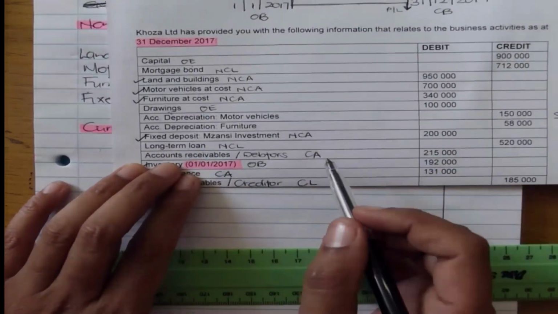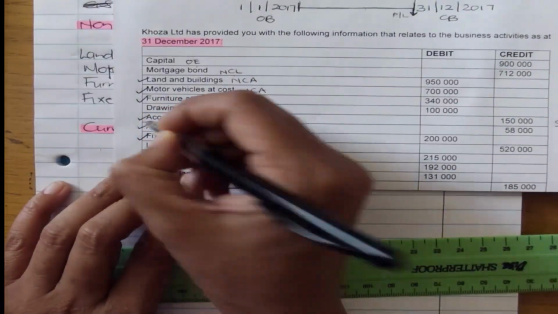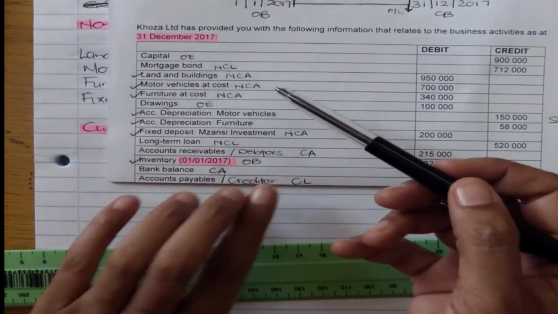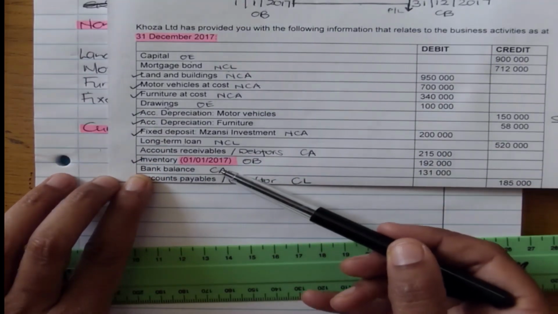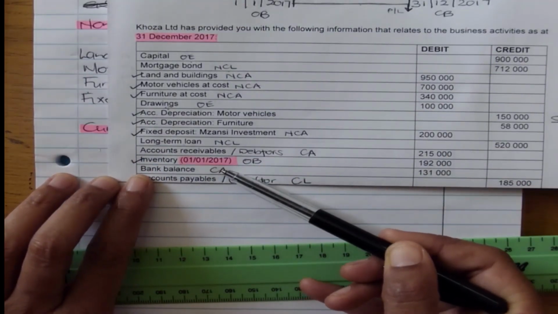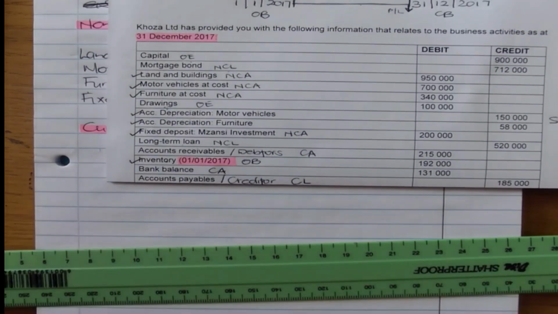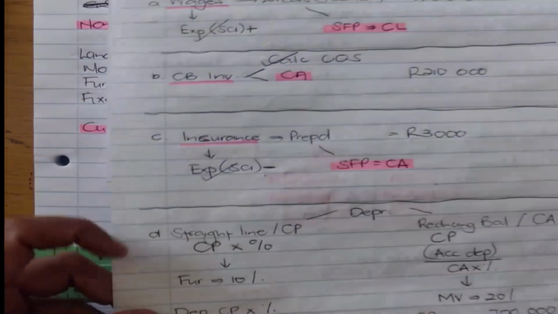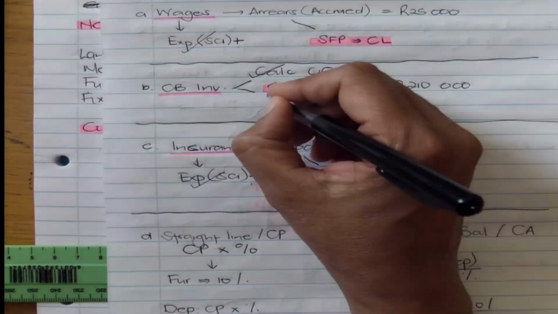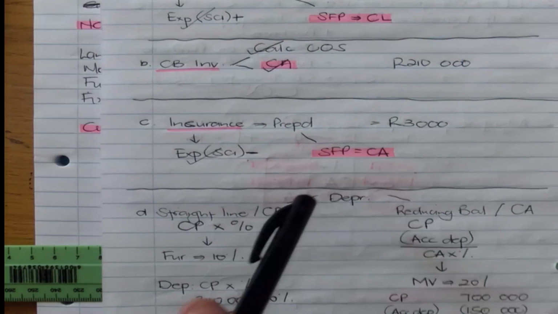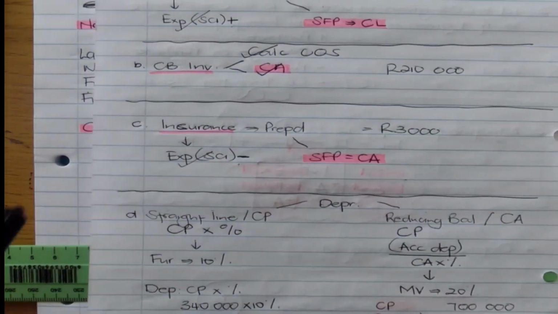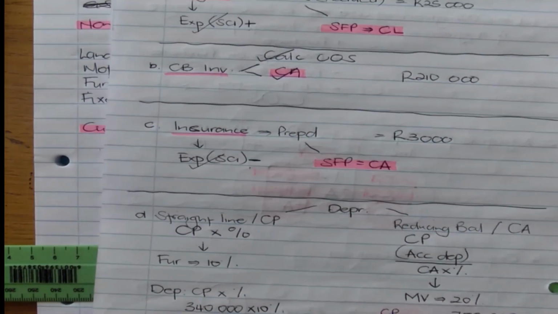Now, remember, accumulative you've also used, so you can scratch that out. Current assets. We've got bank as current assets. We've got, remember, inventory closing balance, right? So we've got inventory closing balance as current assets we're going to use. And we've got insurance prepaid that we must also have under current assets.